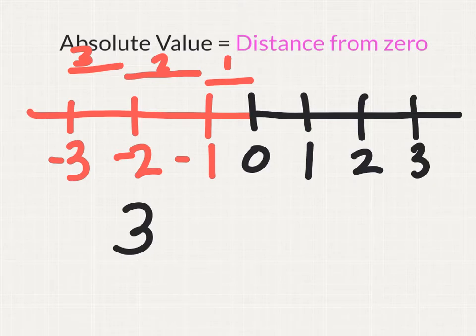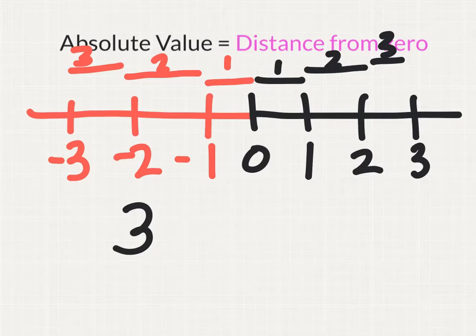And if I were to measure the distance from 0 of the integer +3, once again I would start at 0, I would count one move to get to the number 1, a second move to get to the integer 2, and finally a third move to get to +3.